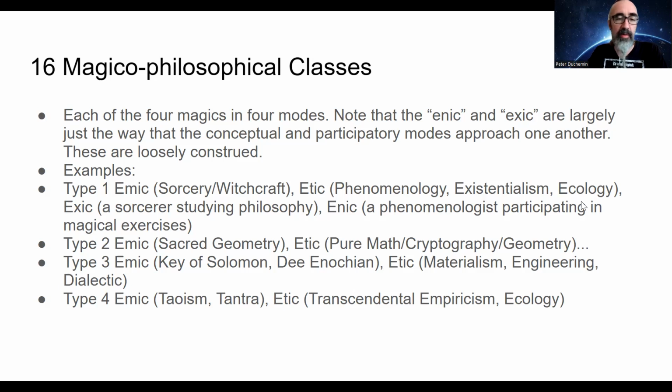And so I'm not going to do the enic in every case here because it's usually just the efforts of the emic moving toward the etic or the etic moving towards the emic.